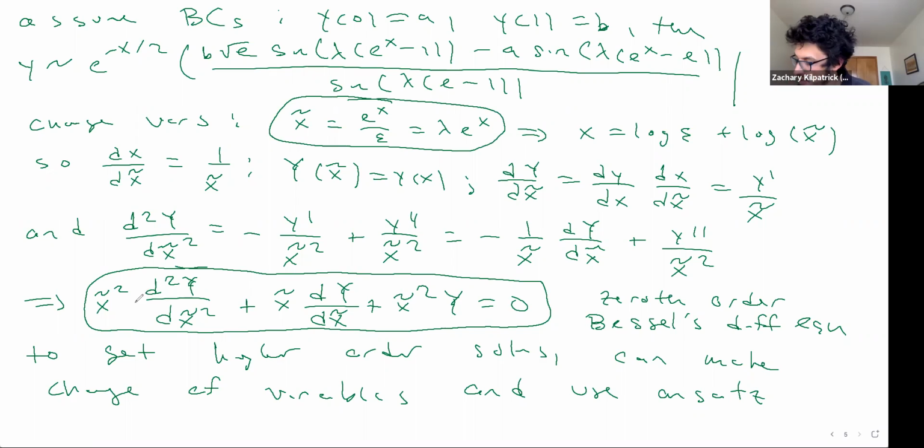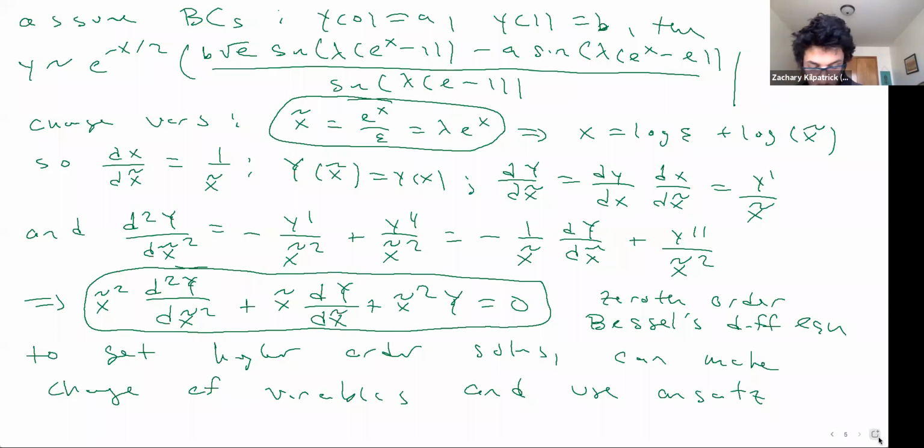But this Bessel's sort of problem we can solve using power series in this case. So let me do that, and then we're going to look at how to approximate the errors of the solution that you'll get to leading order in this case.